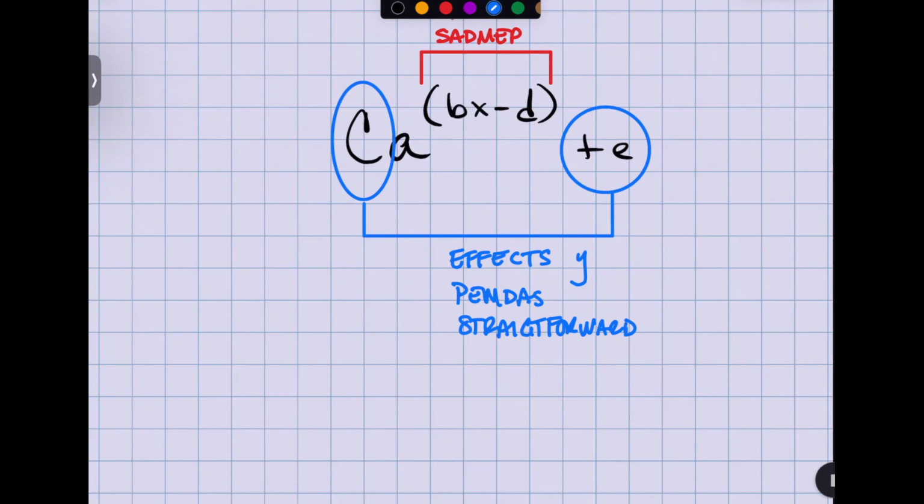It's not the natural number. So when I add E or subtract E, that would be a vertical shift, right? Meaning, am I shifting up or down? The C is multiplying, and it's straightforward. So if I multiply by 2, I double the height. That means I have a vertical stretch. If I divide by 2, that means I have a vertical shrink.